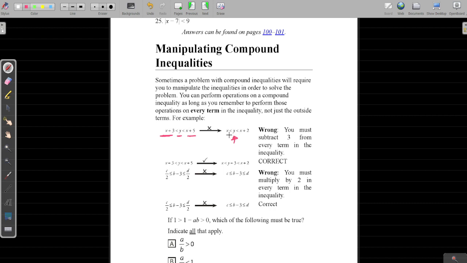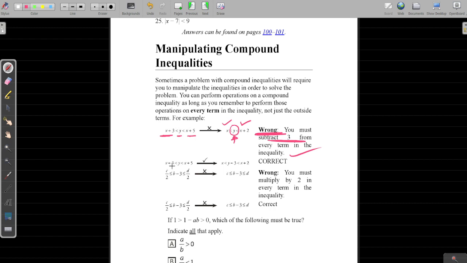If they subtracted, the value would be y minus 3, but they didn't do this, that's why it is wrong. And here you need to subtract 3 also. So x plus 5, if you subtract 3, then it will be x plus 2. So they have subtracted this one and this one, but they forgot to subtract this one, that's why it is wrong. So it is written here, you must subtract 3 from every term in the inequality.